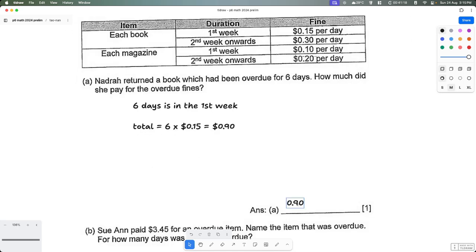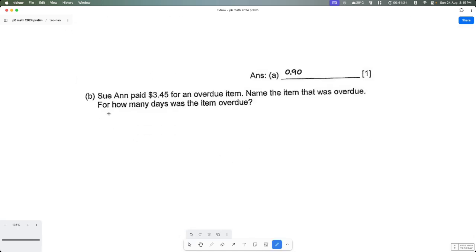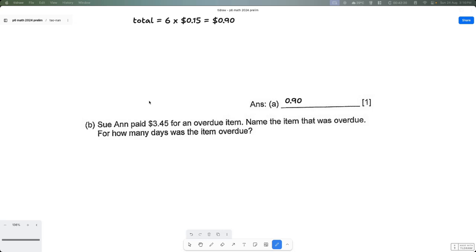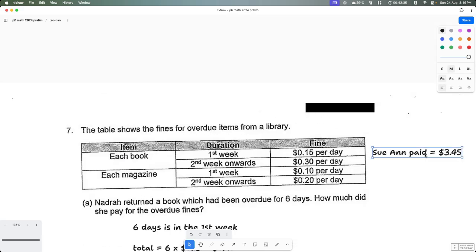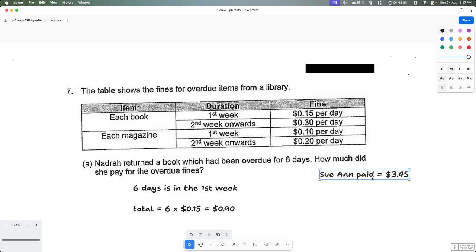90 cents. All right. Part B, Sue Ann paid $3.45 for an overdue item. Name the item that was overdue. For how many days was the item overdue? Okay, so a little hint to know where this $3.45 comes from.